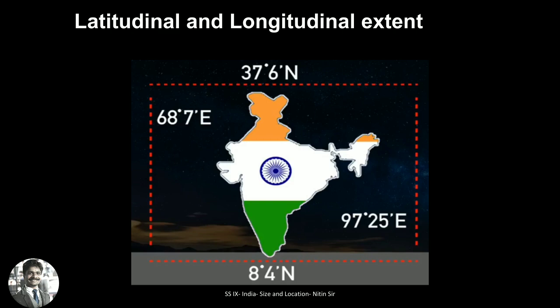It is the longitudinal extent of India. And from north to south, it extends from 8 degrees 4 minutes north to 37 degrees 6 minutes north. It is the latitudinal extent of India.